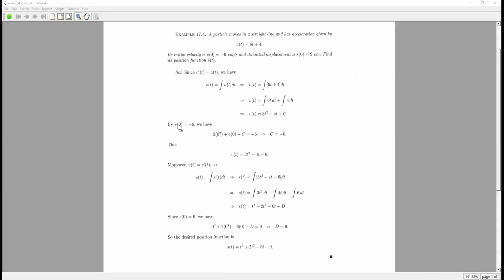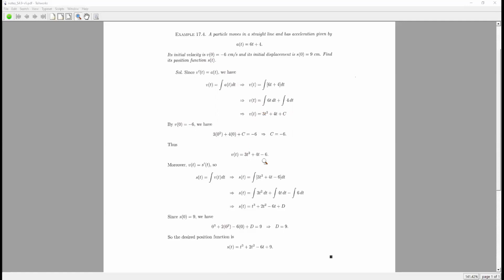When time is 0, initially velocity is -6. So plug in 0 for t. Set the result to -6. Then we get this equation. Therefore, we have c is -6. So the velocity that satisfies this initial condition is this velocity.